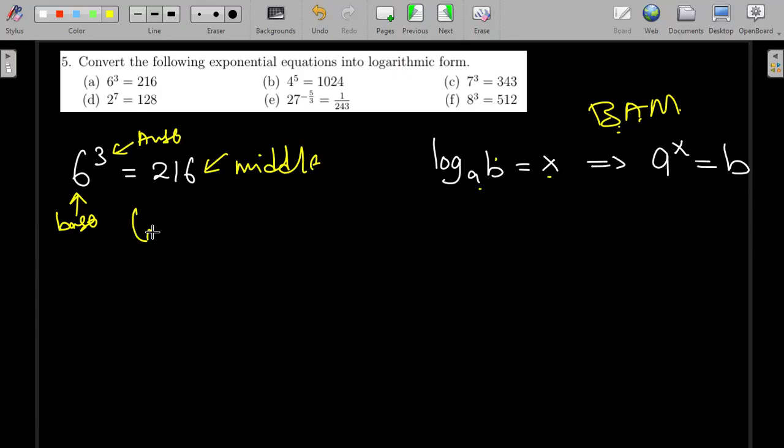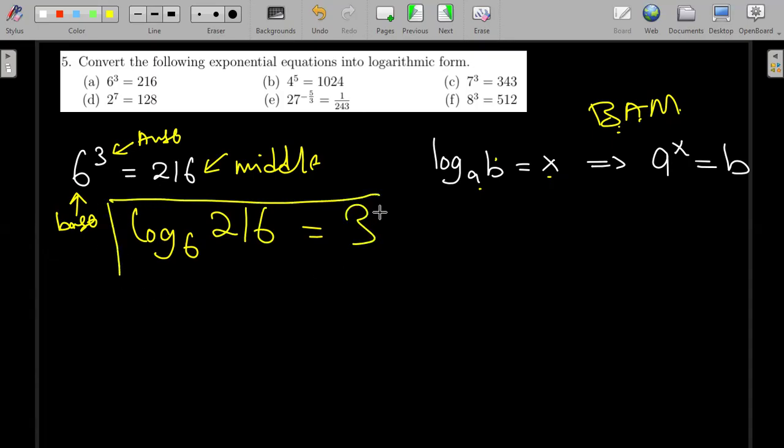So now you write your log. Log base 6, and then what are we putting here? We put what is in the middle, which is 216, is equal to the answer, which is 3. So we have converted the first one from exponential to log form. Any questions there? What about B?